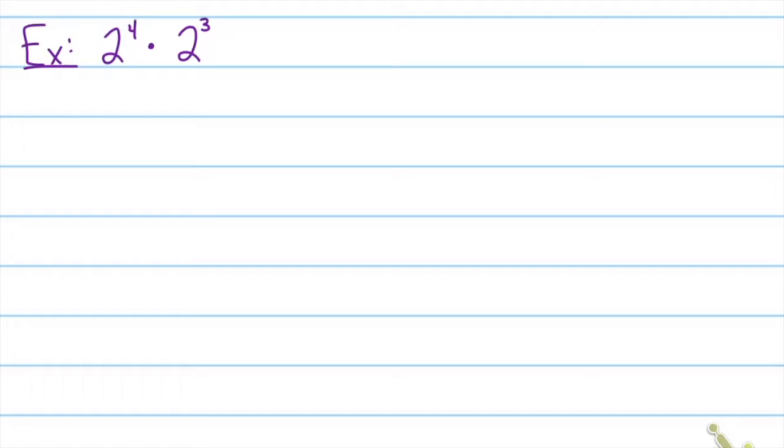Okay, so looking at 2 to the 4th power as we just reviewed, we have 2 to the 4th power being 2 times 2 times 2 times 2. If I'm going to multiply 2 to the 4th power by 2 to the 3rd power, then I'm going to say 2 times 2 times 2 times 2 times 2 times 2 times 2.